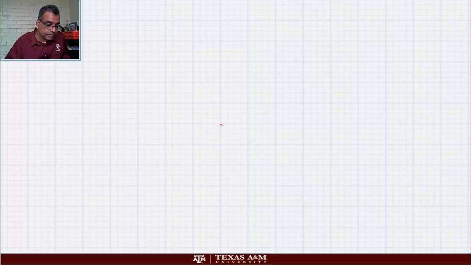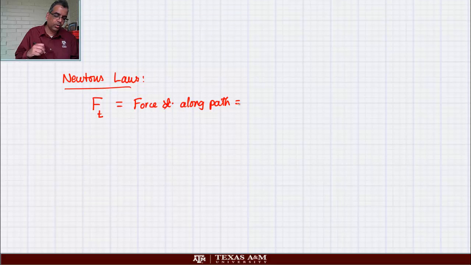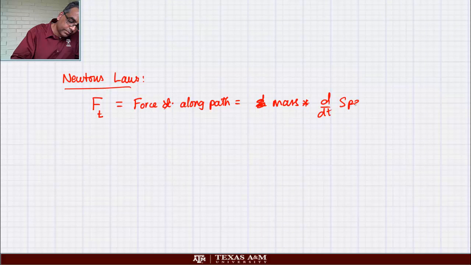So now we have Newton's laws. Force in the tangent direction, which is force along the path, equals mass times d dt of speed. That's easy, no?